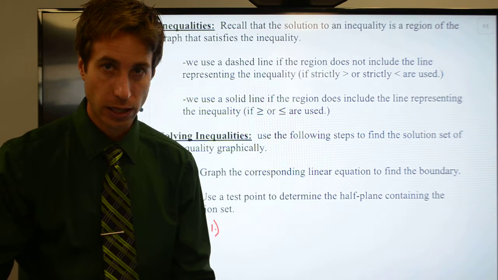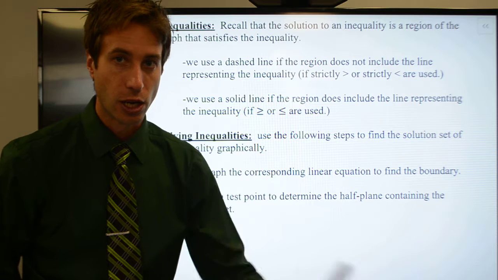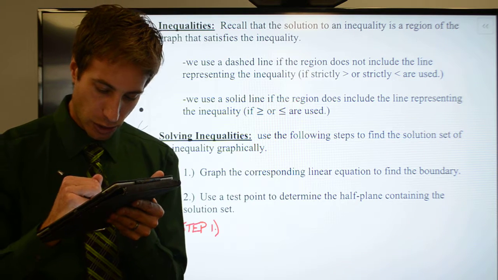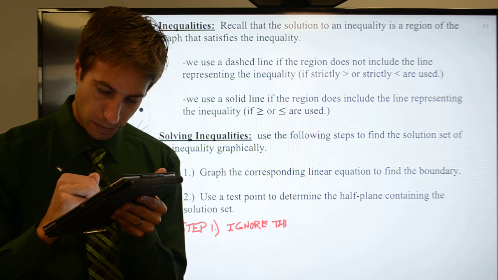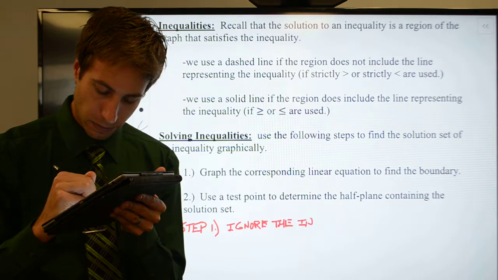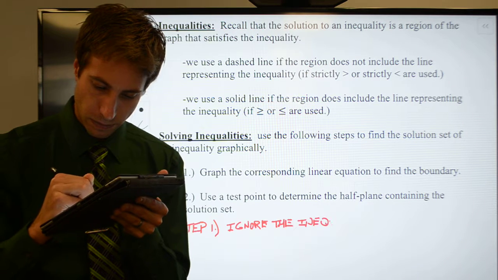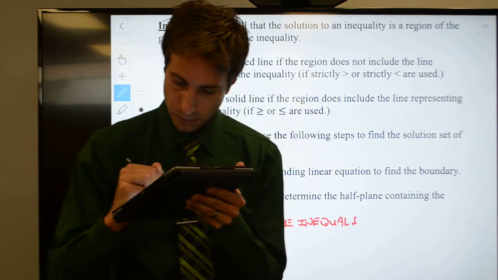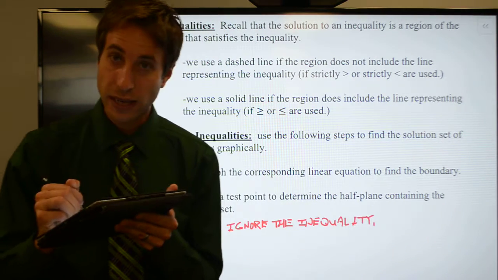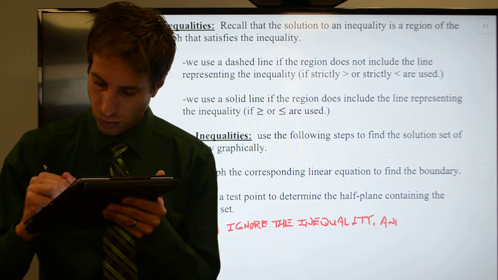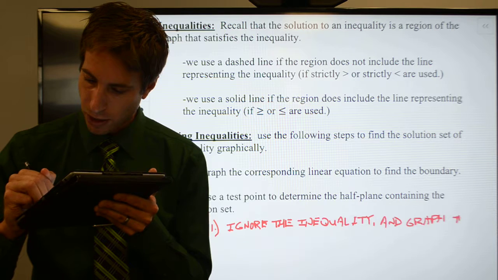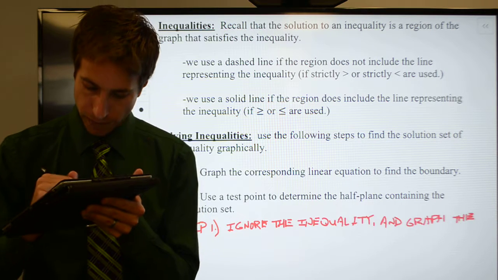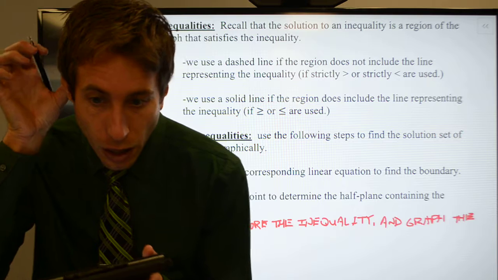Ignore the inequality, replace it with an equal sign, and graph the corresponding equation.